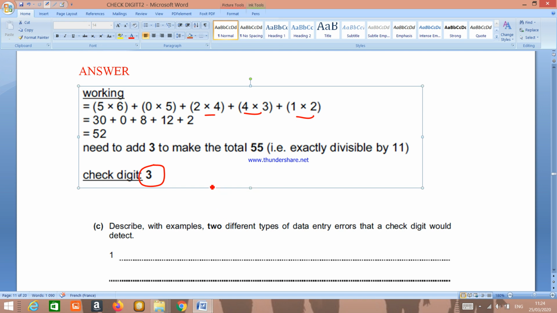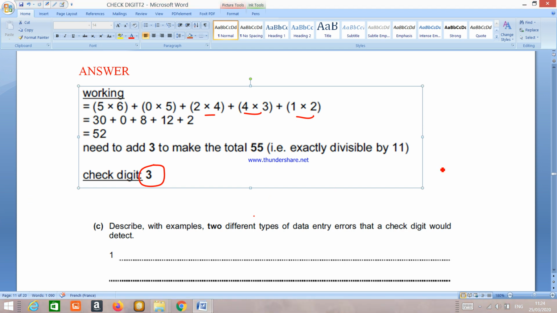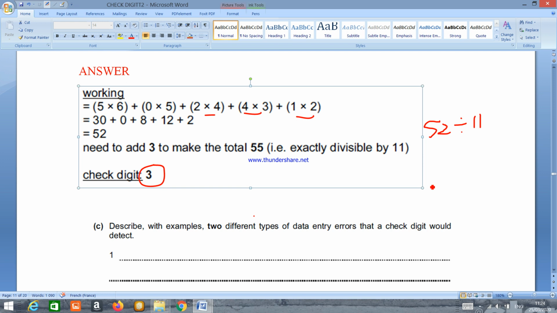So 52 divided by 11, let's try it. You get 4.